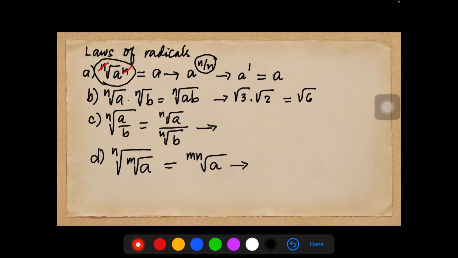If you have the cube root of the square root of a, it is equal to the sixth root of a, because the index of a in the radicand is 2. That's why when you multiply 2 and 3, you come up with 6. That's how it is for the fourth law of the radical.